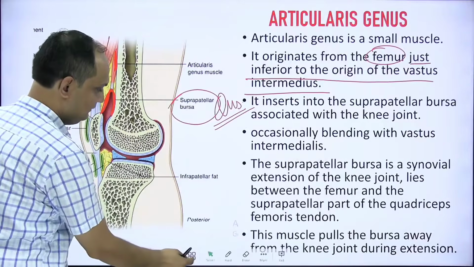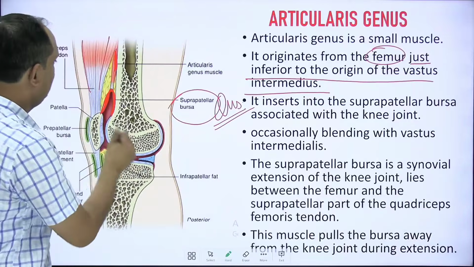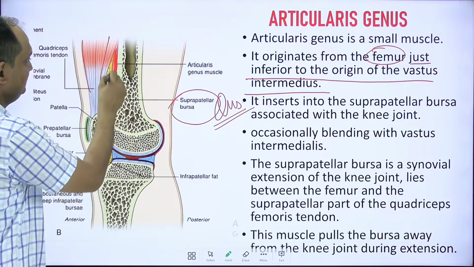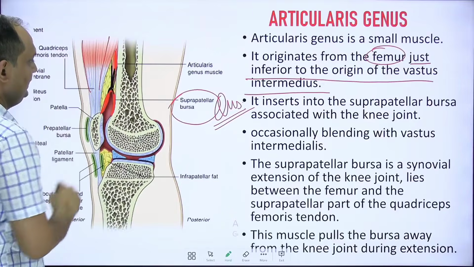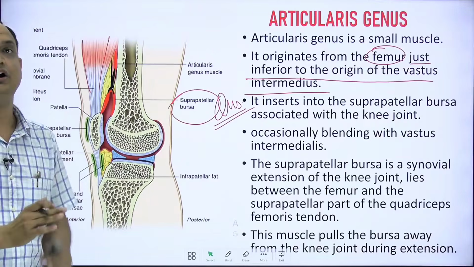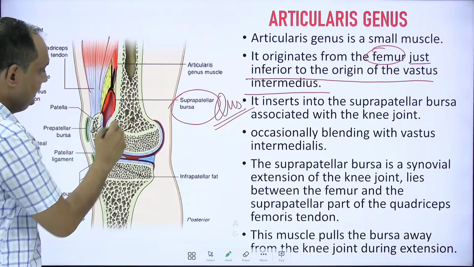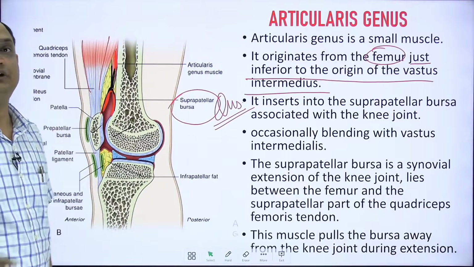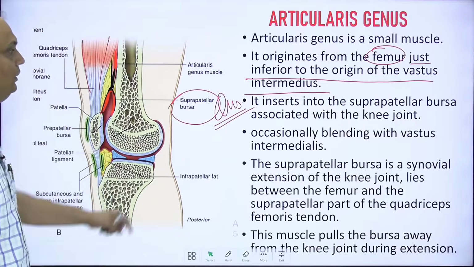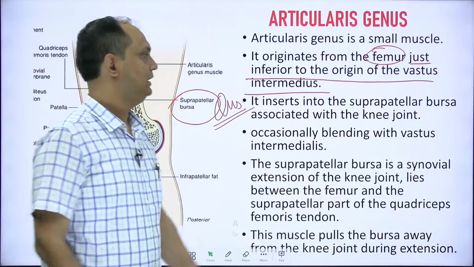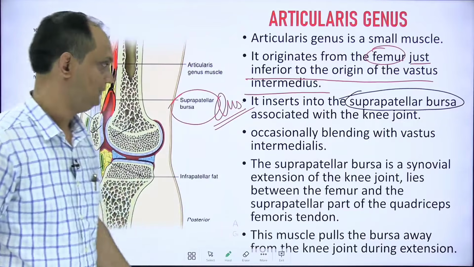So this muscle fiber will go and attach to the apex of this suprapatellar bursa, and these are the fibers which prevent the crushing of this loose bursa between the patella and the femur at the time of complete forceful extension of the knee joint. Clear? So it inserts into the suprapatellar bursa, which is a bursa of the knee joint.